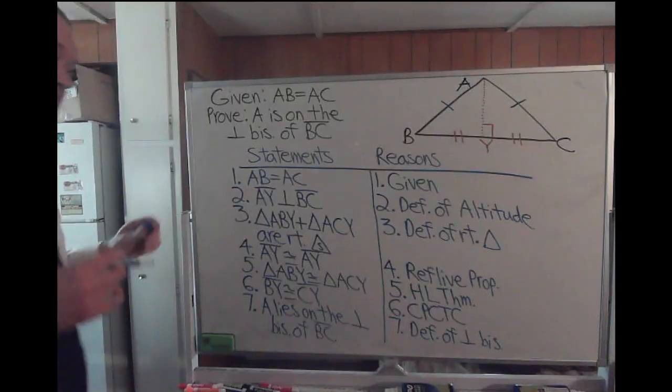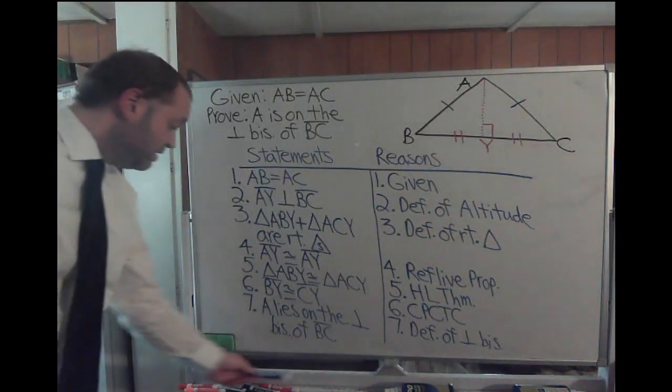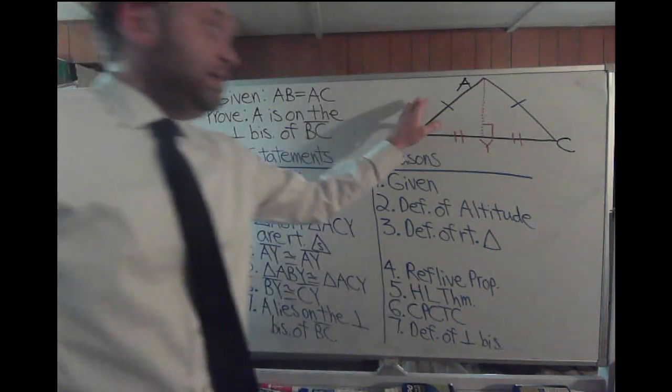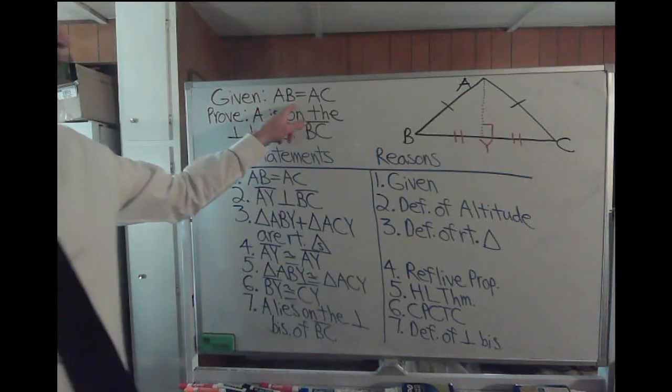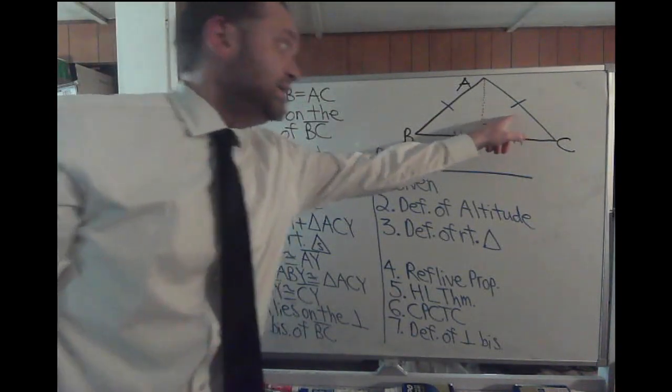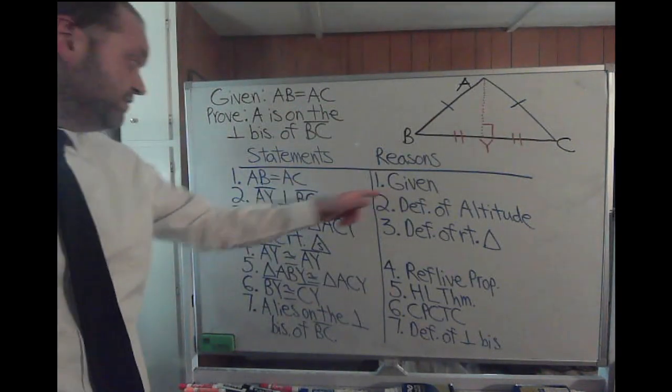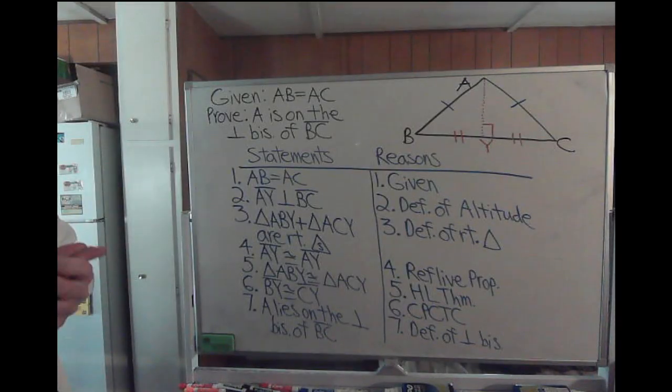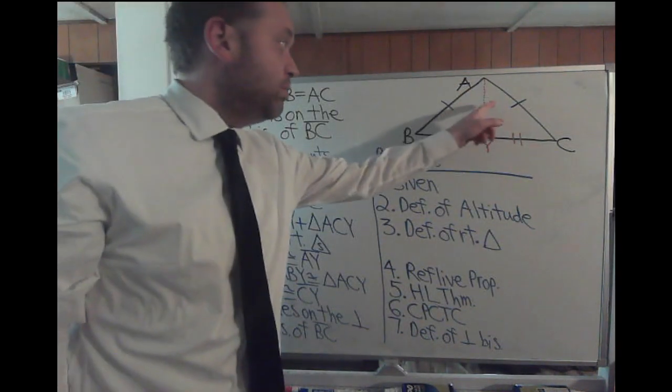So let's go through this proof again here. We were given triangle ABC, and to start with, all we were given is that AB equals AC. That was our given. Next, we are able to draw an auxiliary line. We drew line AY.